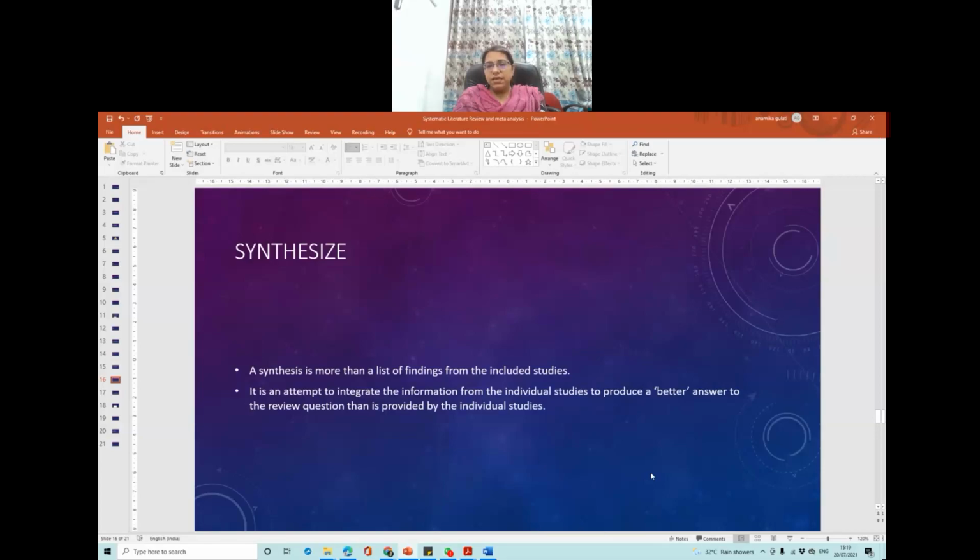But if it is an SLR plus meta-analysis, the data we have extracted so far will serve as food to conduct the meta-analysis, using mathematical algorithms to create a result which will support the descriptive results we have concluded.